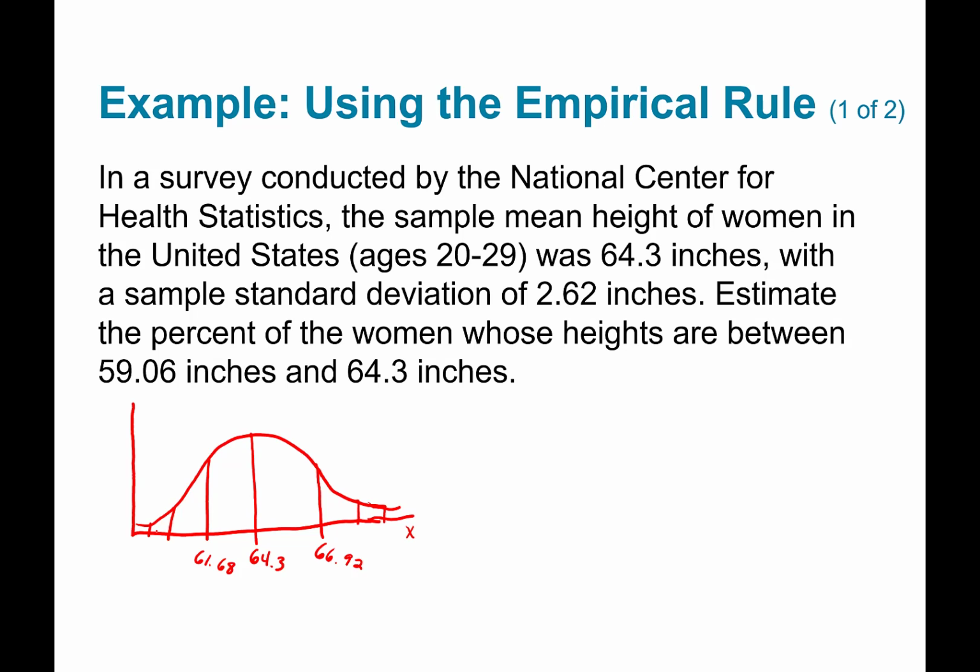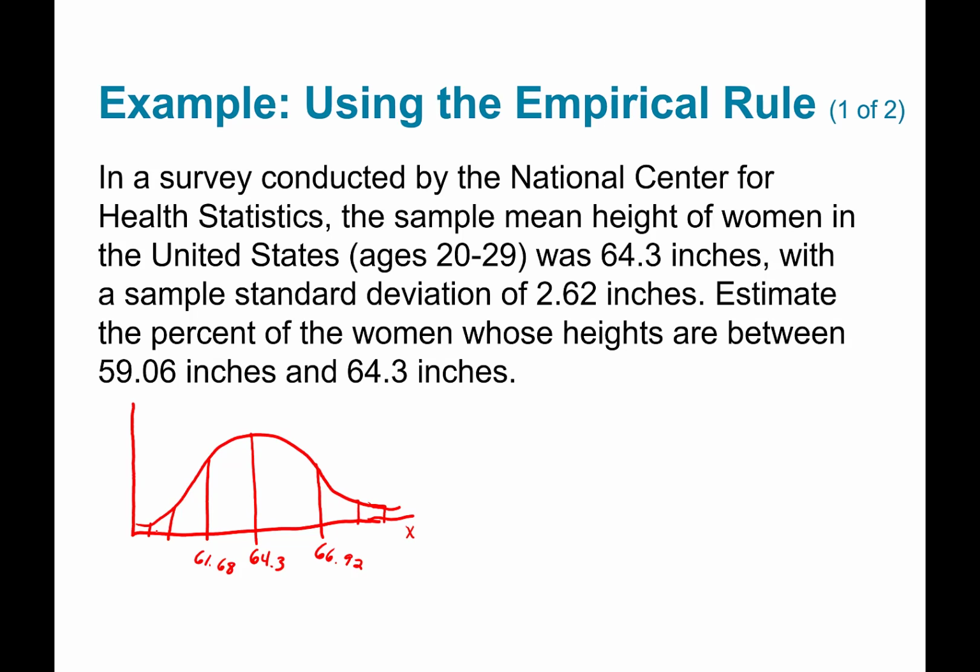Now, because we have 99.7% of our data within 3 standard deviations of our mean, there's only 0.3% of our data that's not accounted for, so we really don't need to go out further than 3 standard deviations from the mean normally.